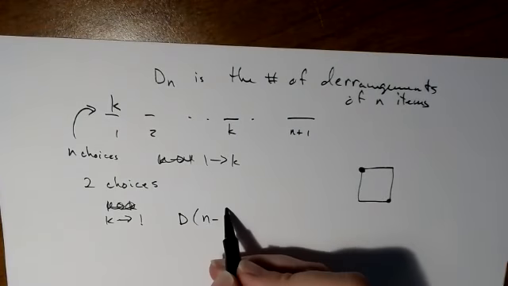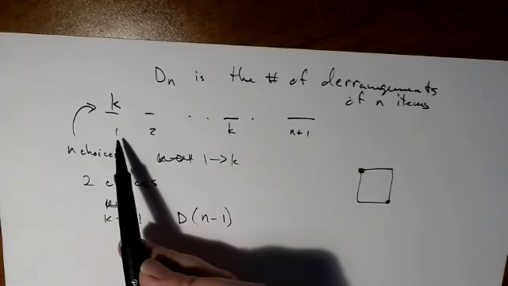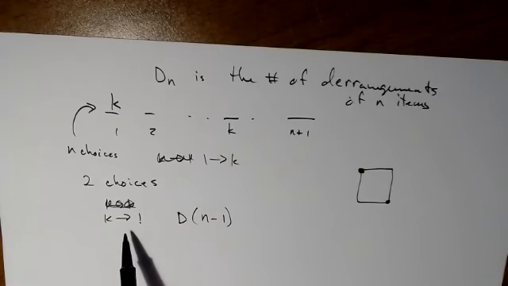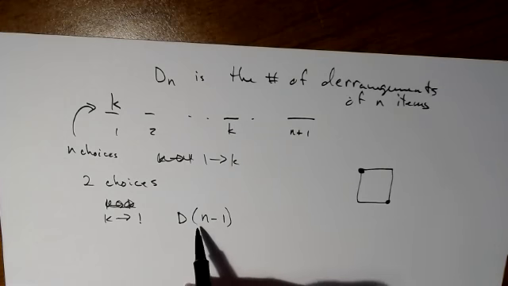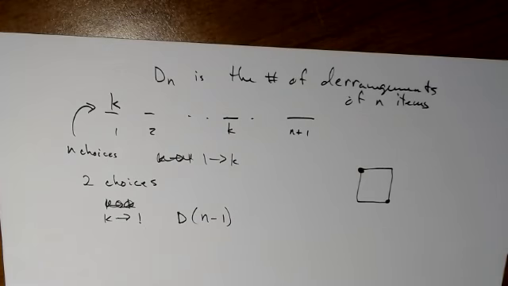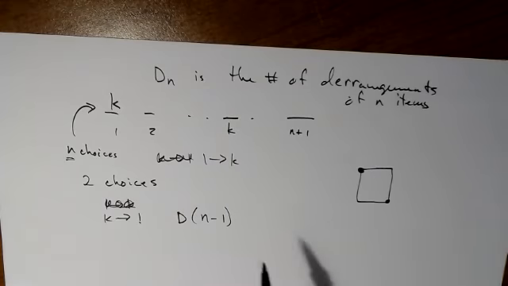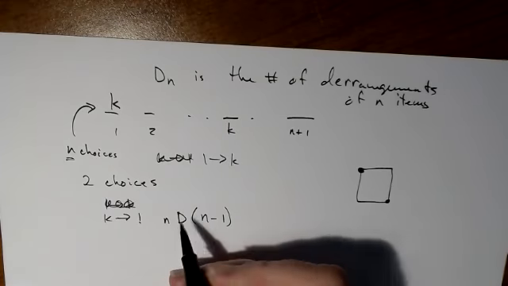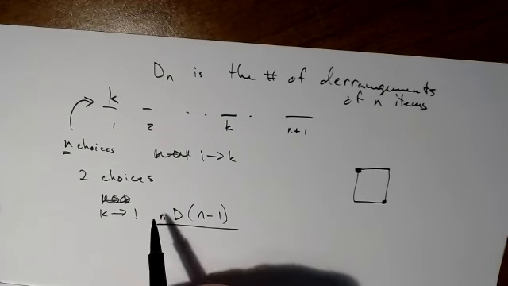So if I put the 1 into the k slot, after putting the k into the 1 slot, then I have d of n minus 1 ways to arrange the remaining n minus 1. And remember, there were n choices to get me here. So this, n times d n minus 1, is the number of ways that I can do option 1.